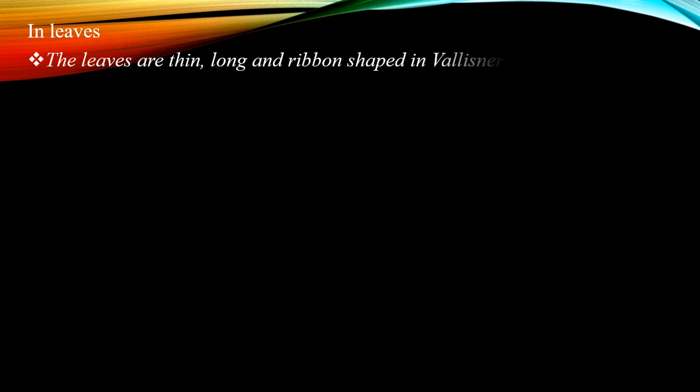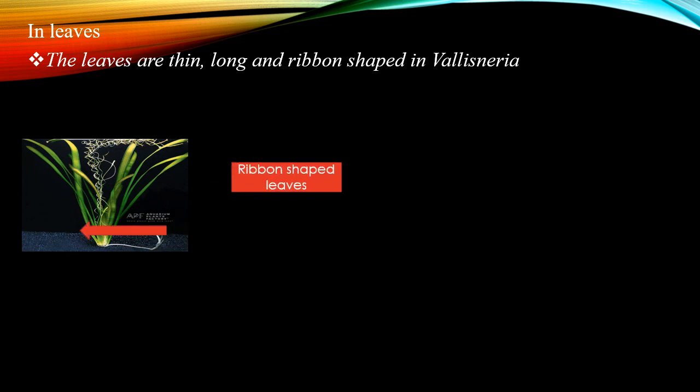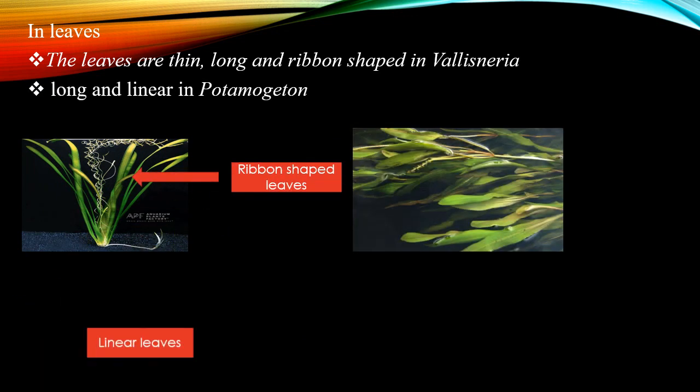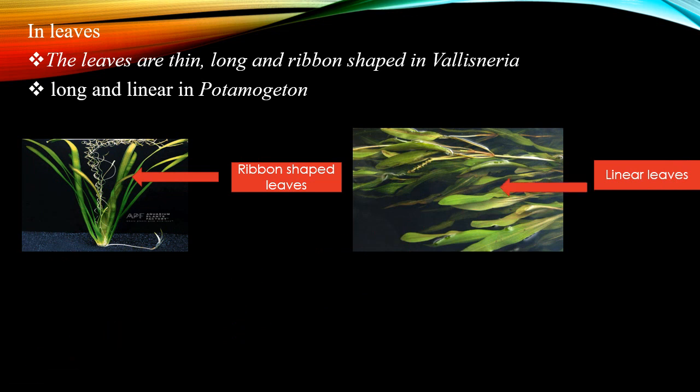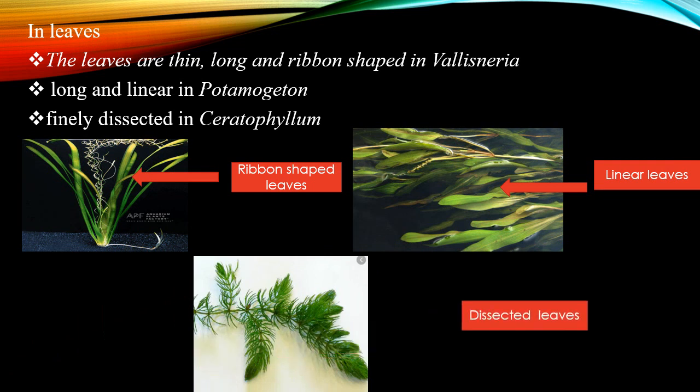Next, the morphological adaptation in leaves. The leaves are thin, long and ribbon shaped as in Vallisneria. The leaves are long and linear in Potamogeton. They are finely dissected in Ceratophyllum.